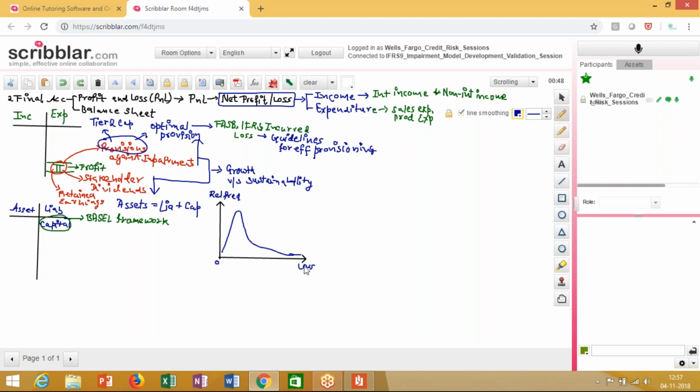If you look at this part, what is the expected loss that we can make? The expected loss here is the mean loss.